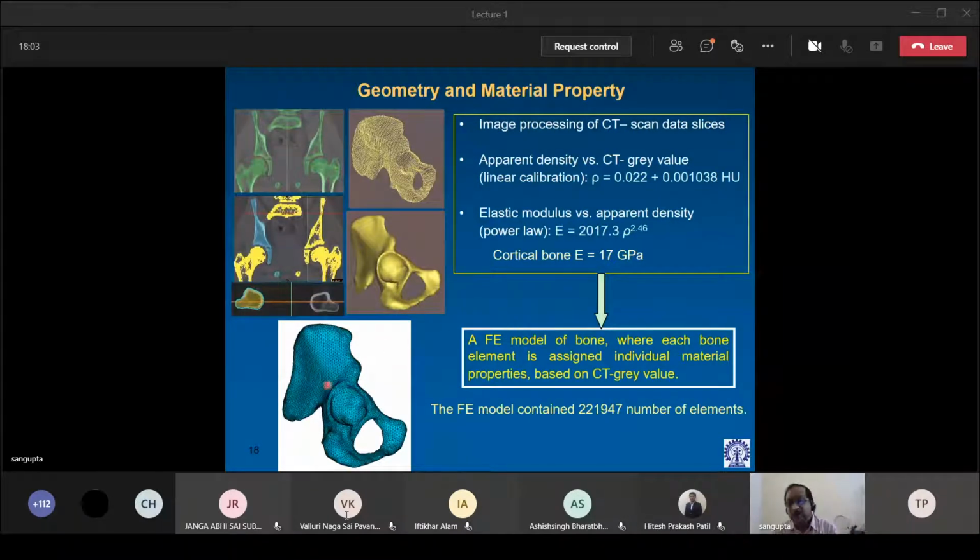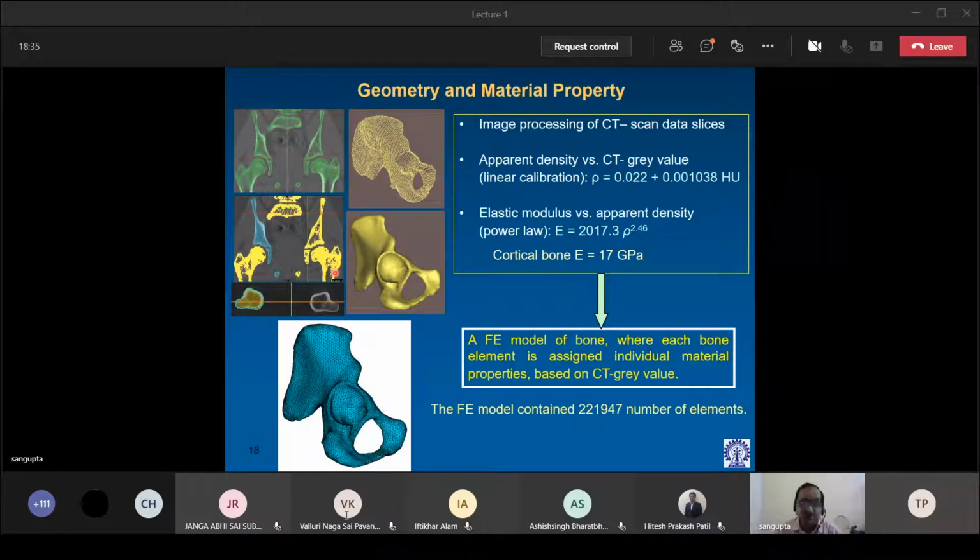The finite element model of the bone, when we meshed it, had no specific property for the elements. But now we can map each element, the centroid and the volume of the element, back to the CT scan data, and then all the pixel gray values contained in that volume can be averaged.